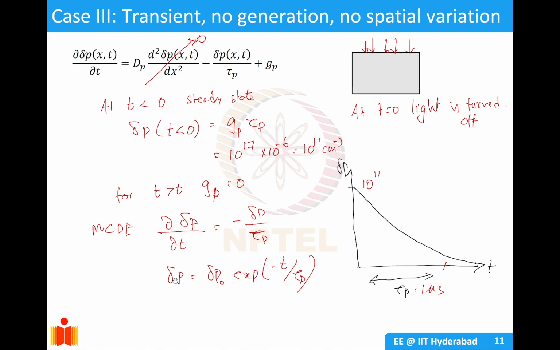If you solve this, it becomes delta p equals delta p naught exponential minus t by tau p. Delta p naught you had as 10 raised to power 11 per centimeter cube, so you can plot that here. And tau p you have been given as 10 raised to power minus 6 seconds or 1 microsecond, so you can plot that on the plot itself. You can see tau p is the value at which this becomes 1 by e, or about 0.3 times the initial value.